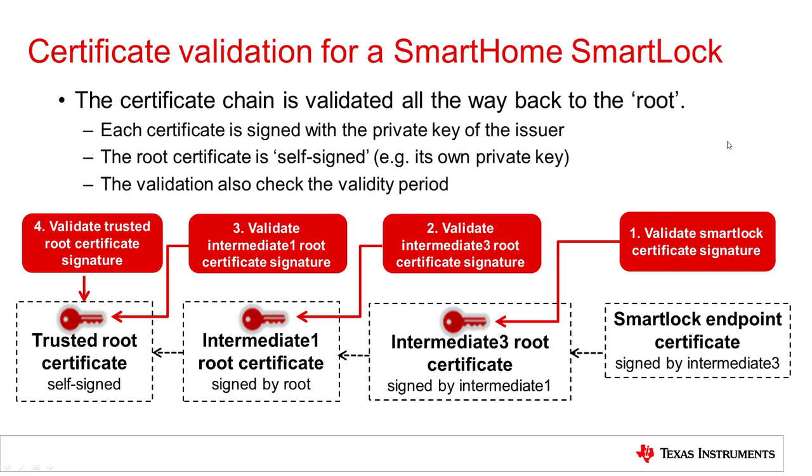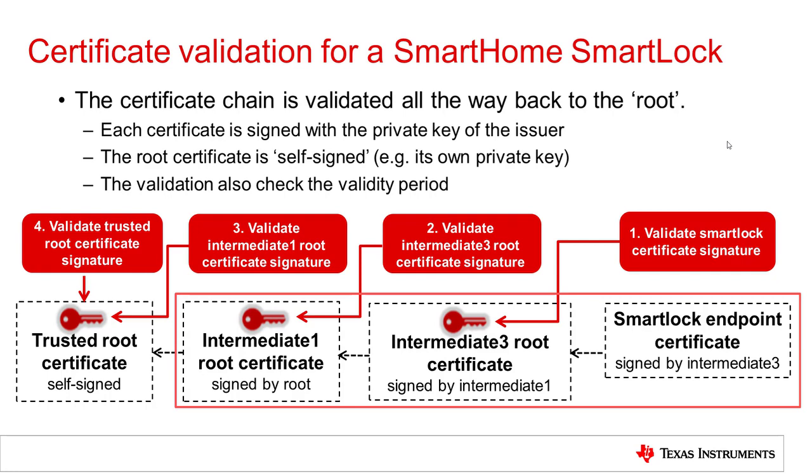I want to walk through again the certificate validation process for the smart home, smart lock endpoint certificate, so you really thoroughly understand how it's done. The first point to make is that the actual certificate passed up by a smart lock endpoint to its server is not just a single endpoint certificate, but a complete certificate chain.